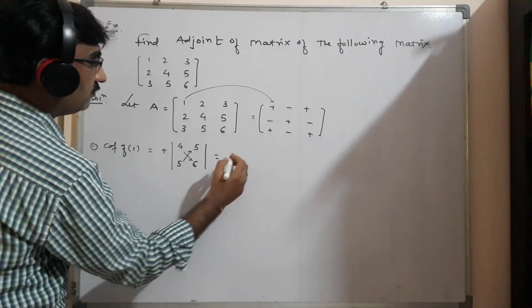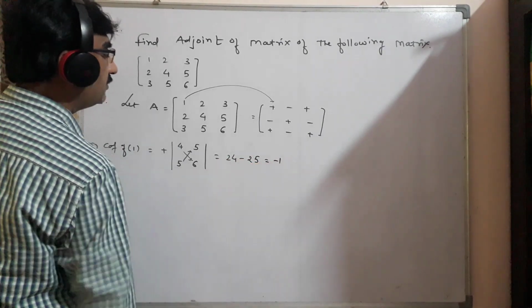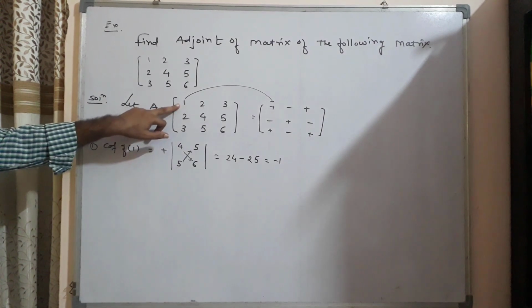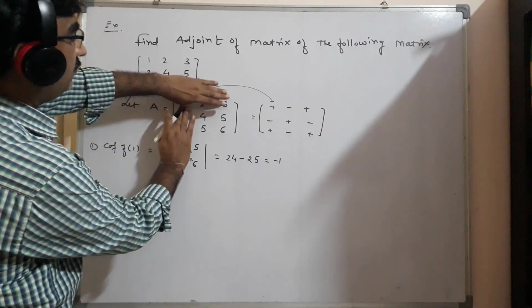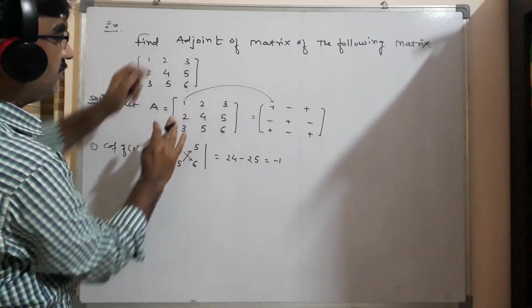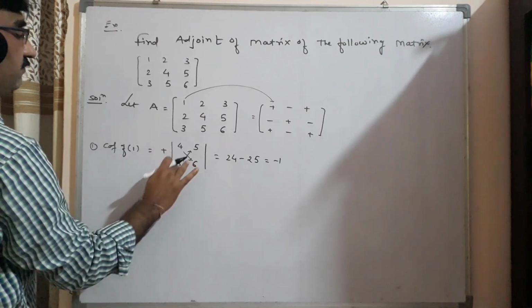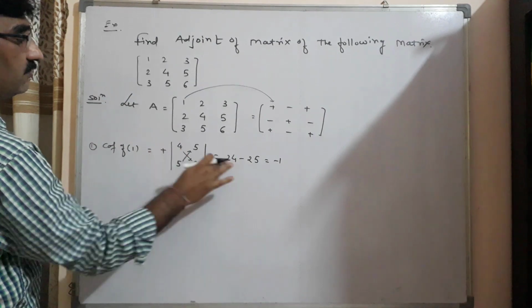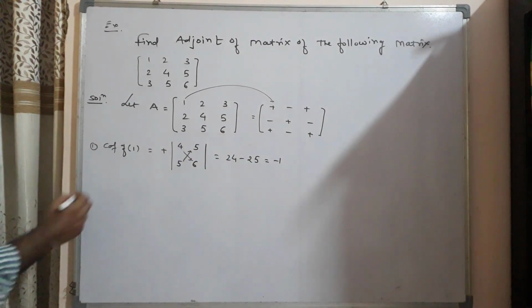So 4, 5, 5, 6. Solve it. 6 into 4, 24. 5 into 5, minus 25. So it is minus 1.